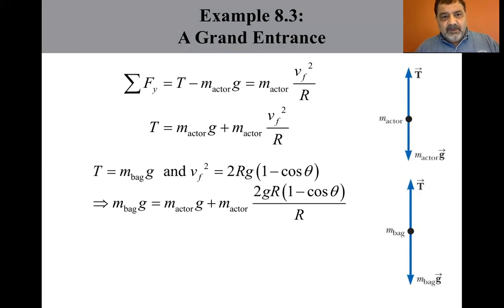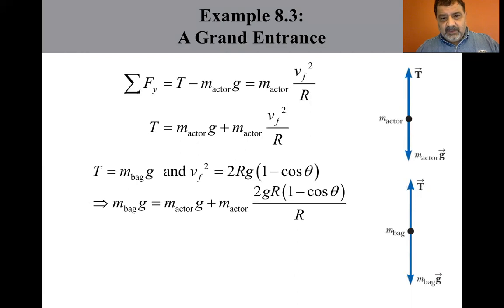So if we substitute the v final, we get this equation at the bottom: the mass of the bag times gravitational acceleration equals the mass of the actor times gravitational acceleration plus the mass of the actor times the centripetal term.